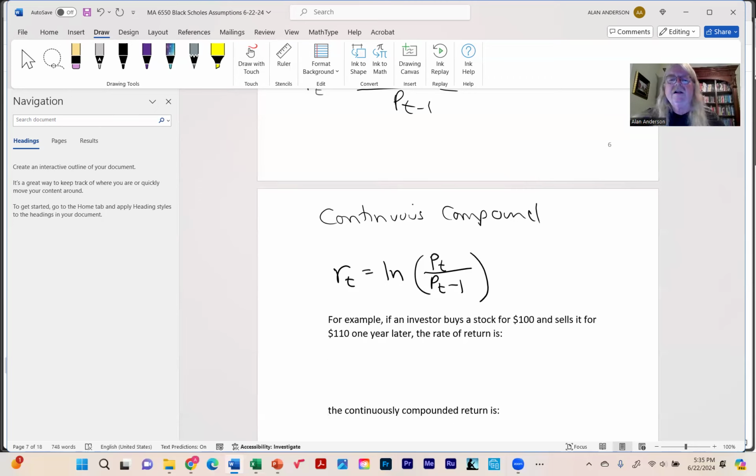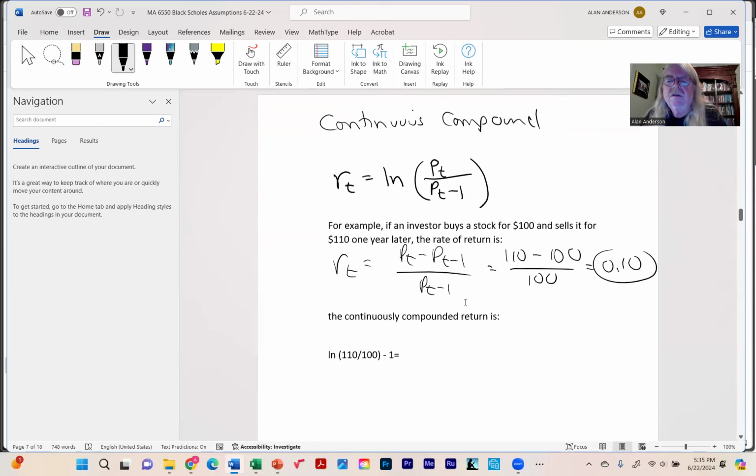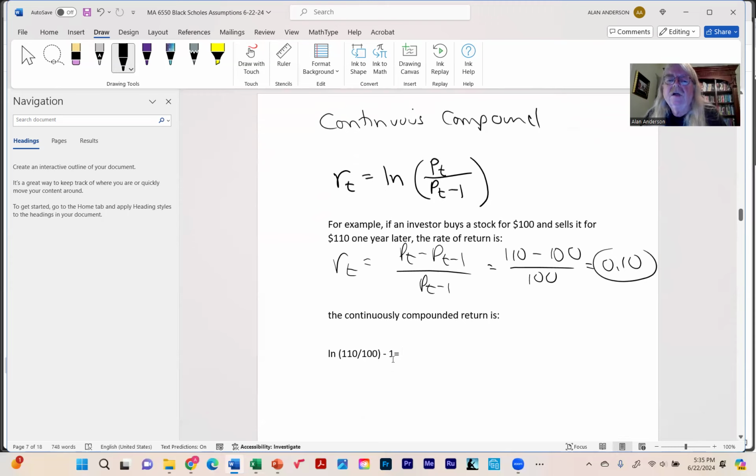Okay, so for this one, you would have 10%. It's exactly what you would have thought. Here, though, what you're going to have instead is 0.0953 or 9.53%.